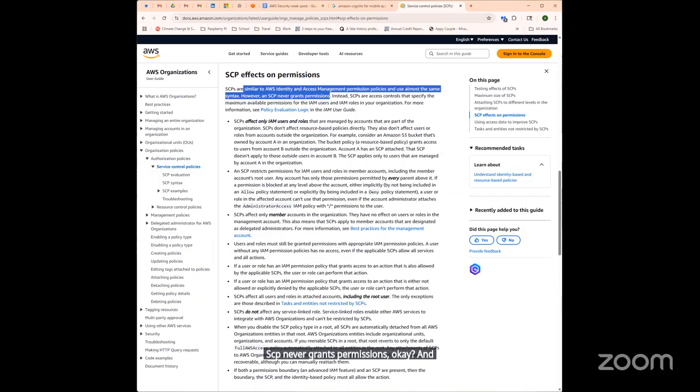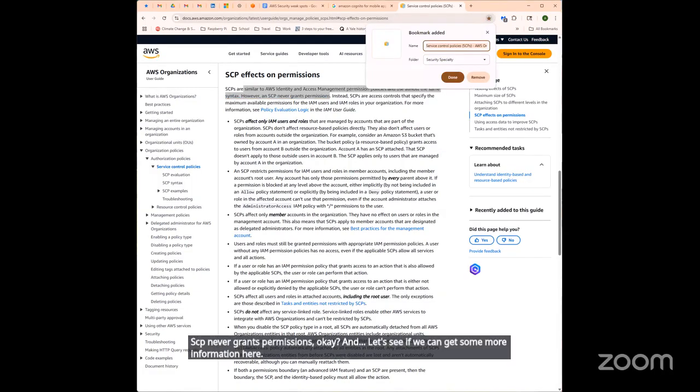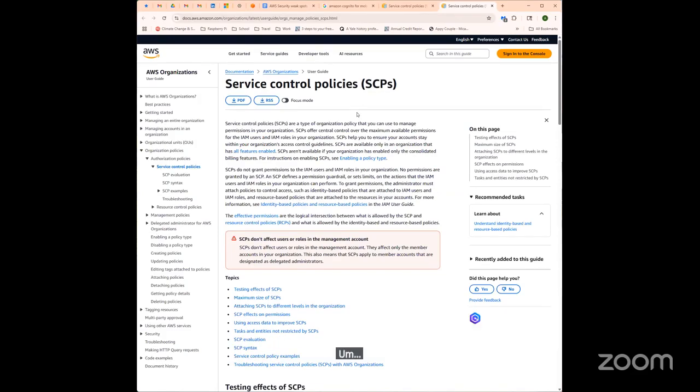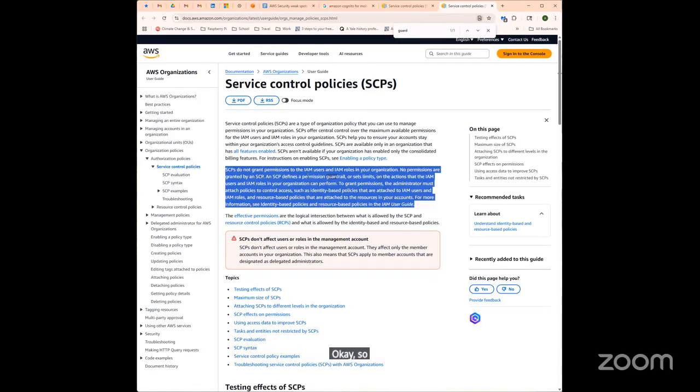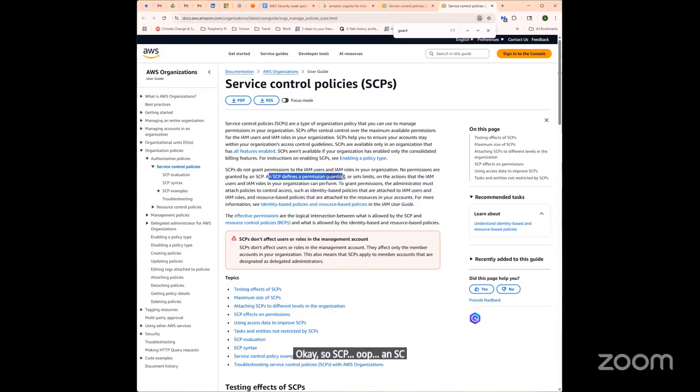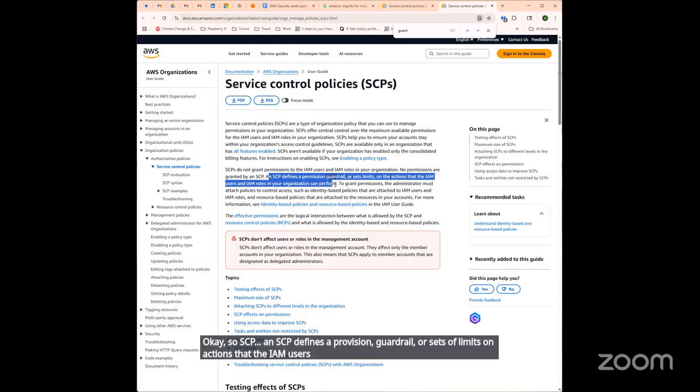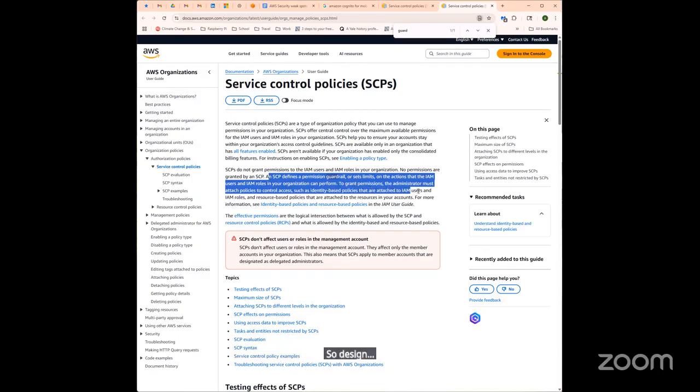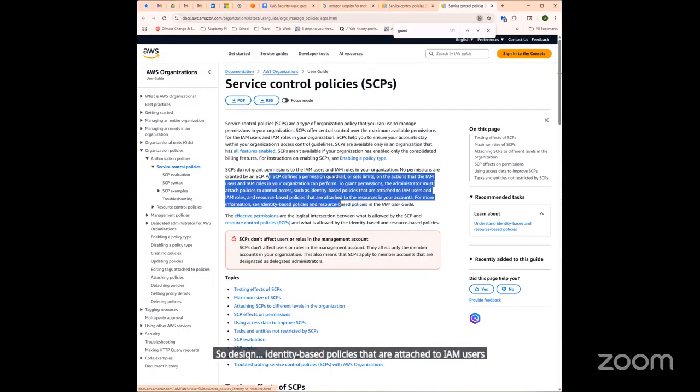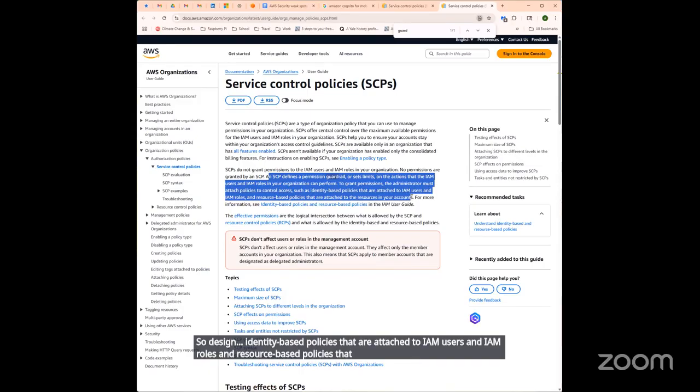And let's see if we can get some more information here. An SCP defines a permission guardrail, or sets limits on actions that the IAM users and roles in your organization can perform. To grant permissions, the admin must attach policies to control access, such as identity-based policies attached to IAM users and IAM roles, and resource-based policies attached to the resources in your accounts.